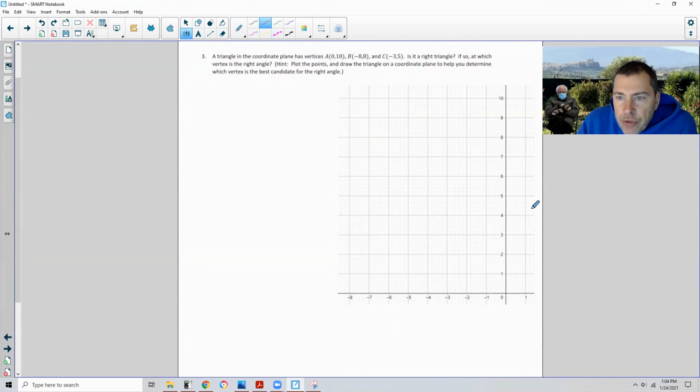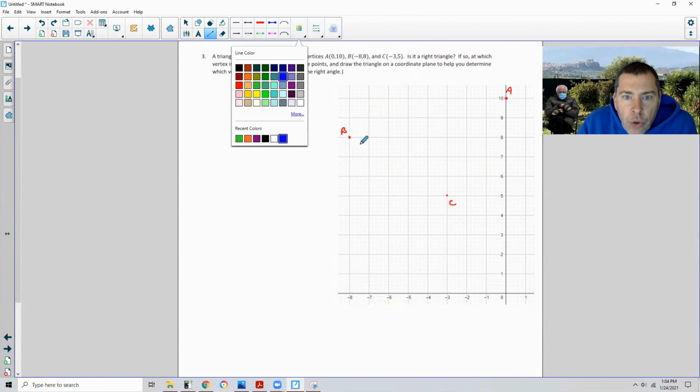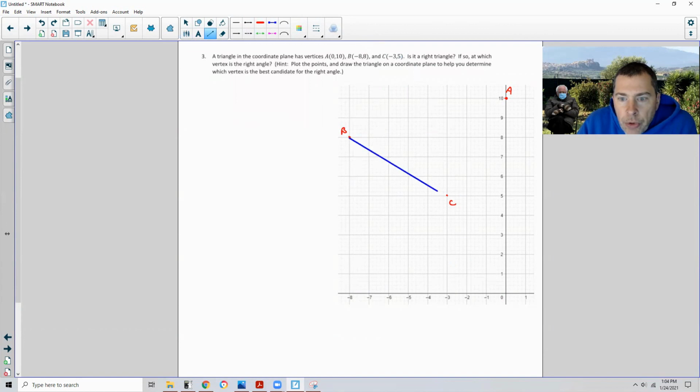So the point 0, 10 is right here. That is A. The point negative 8, 8 is B. And the point negative 3, 5 is C. So there are our coordinates for this triangle.